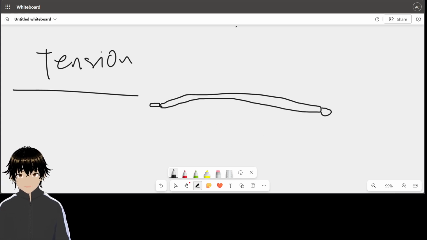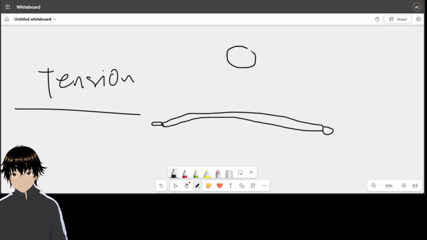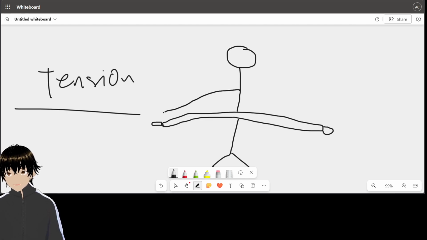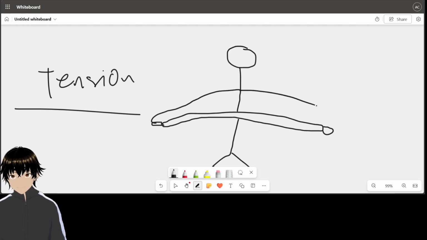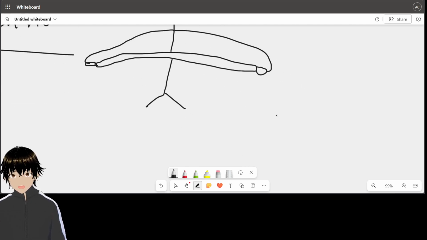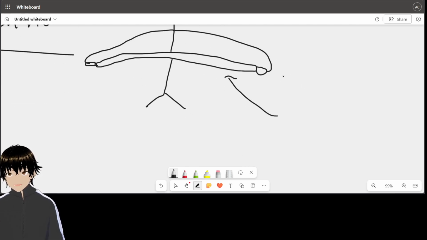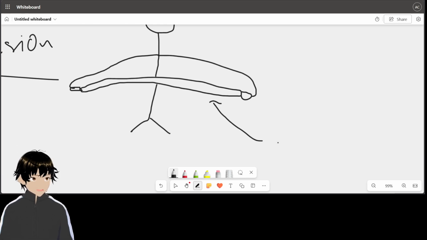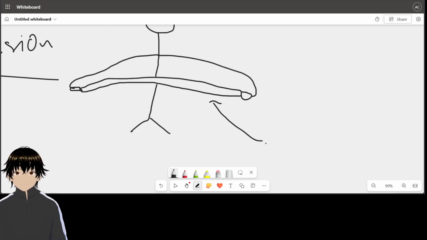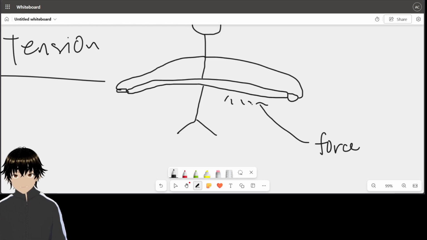Whenever you pull this from side to side, let's say this is you, the jumping rope is actually exerting a force. There's actually a force exerted from the jumping rope.